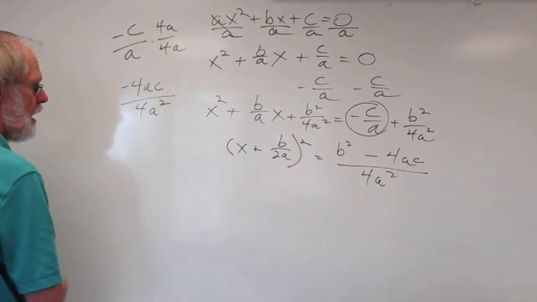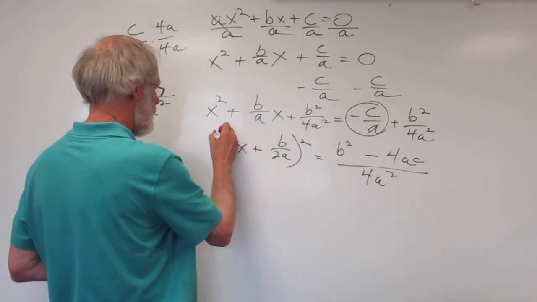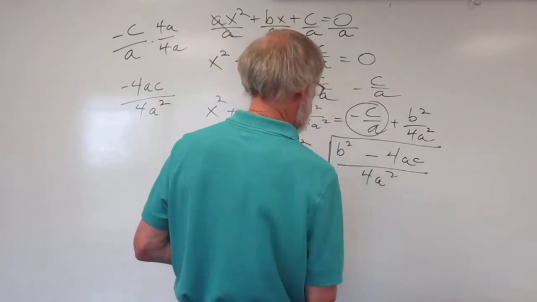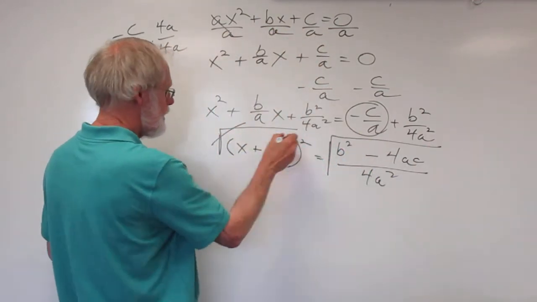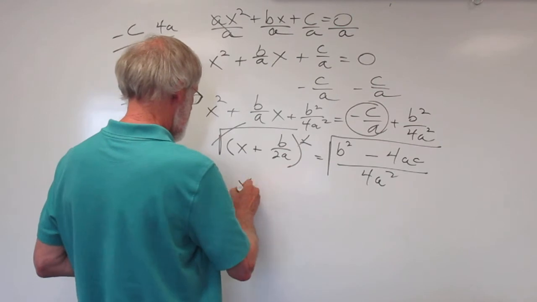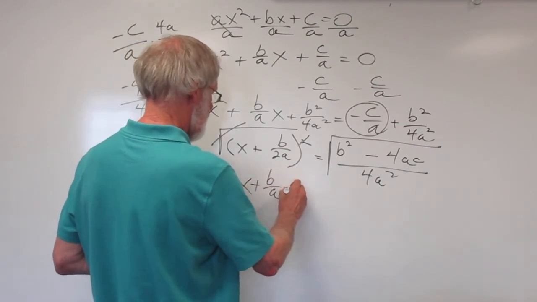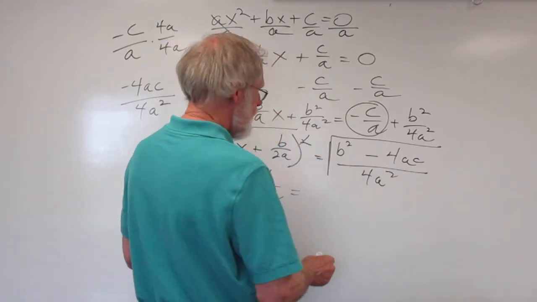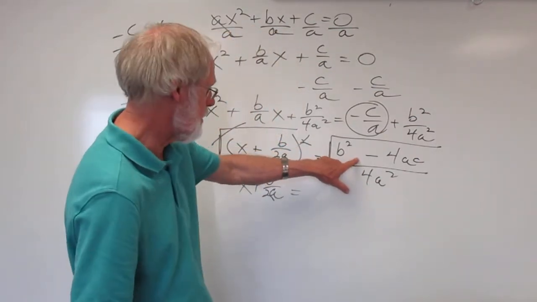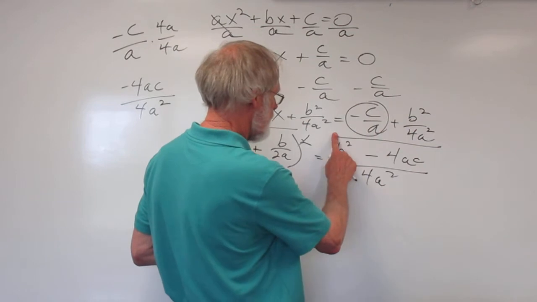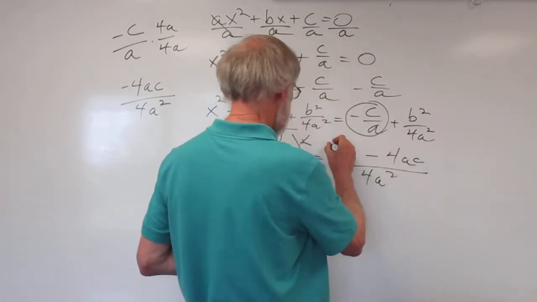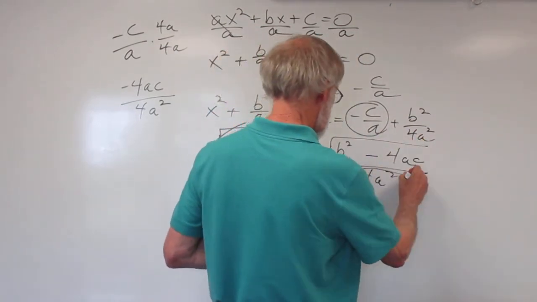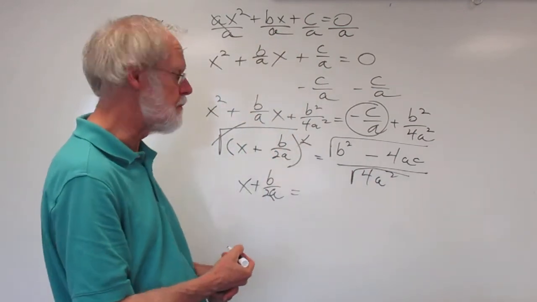All right, now I'm going to take the square root of both sides here and here. That cancels that. And I get x plus b over 2a equals, now this here is the same as if I had two separate radical signs, one over the top, one over the bottom.